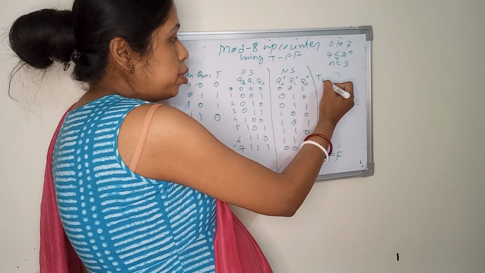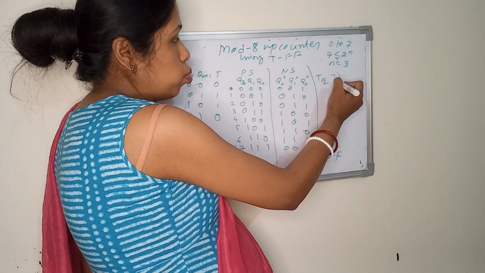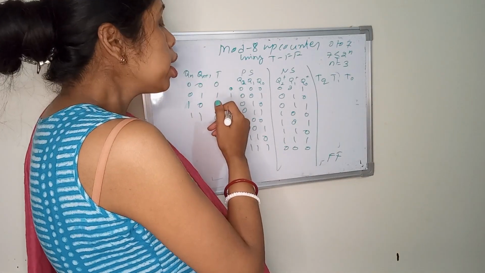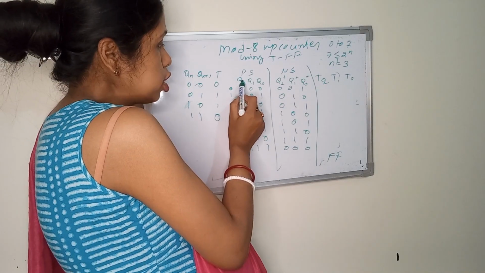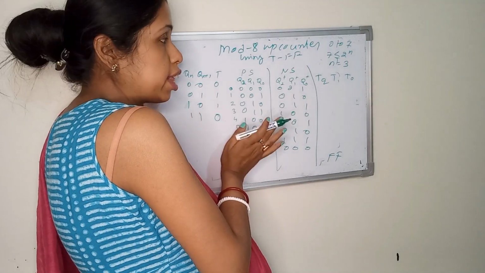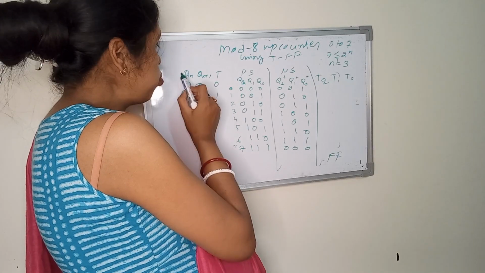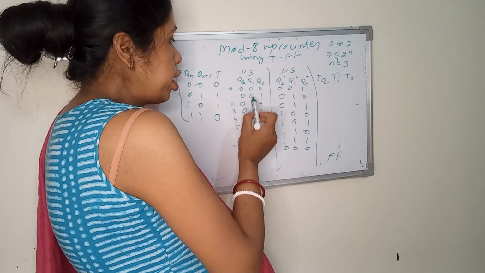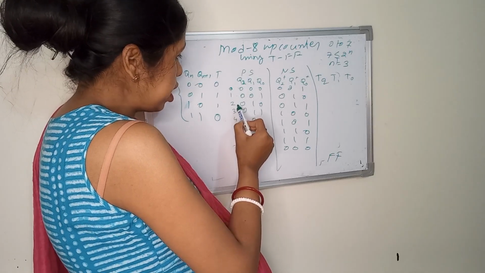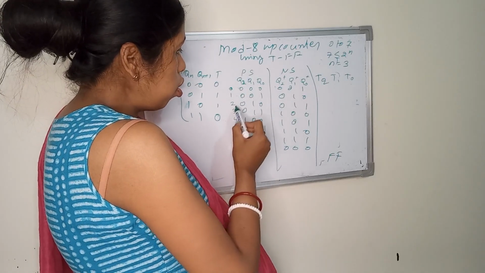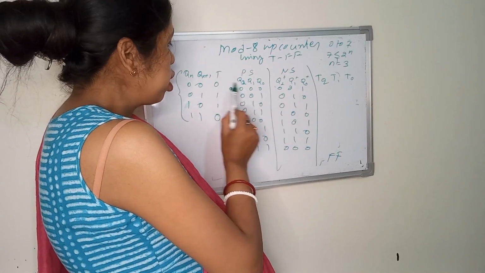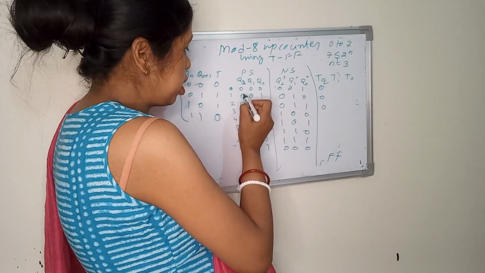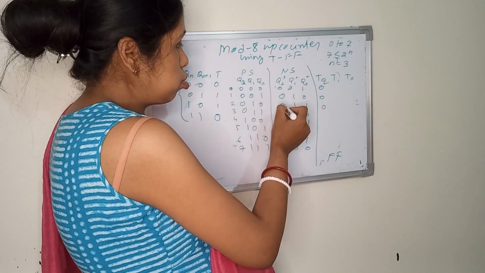This will be T2, T1 and T0. For T2, Q2 and Q2 plus are the present state and next state, so I have to follow the excitation table for writing T2, T1 and T0. In the first three cases, all are 0 0, which means T2 is 0.